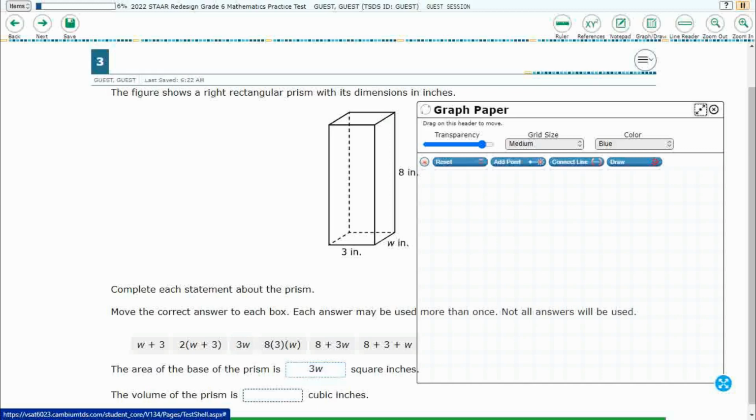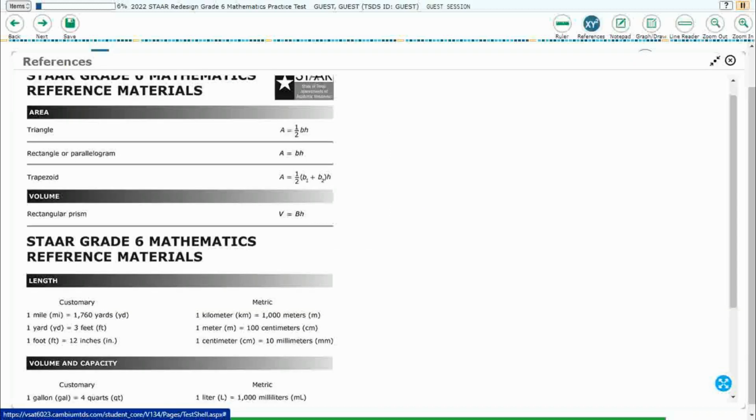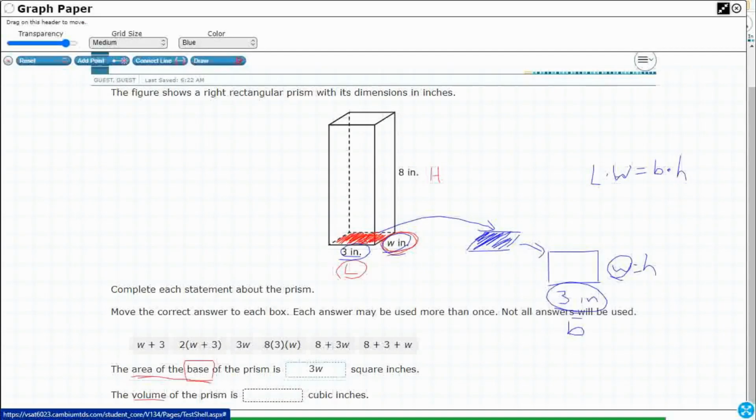All right, so let's find the volume. So let's open up our references. Our volume is base times height. Okay, so what is our base? Well, we already know our base, right? So volume equals base times height. We already figured out our base is this 3W, because that's the length times width of the base.